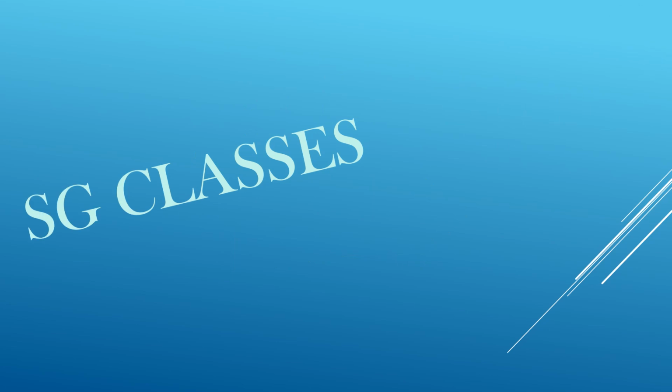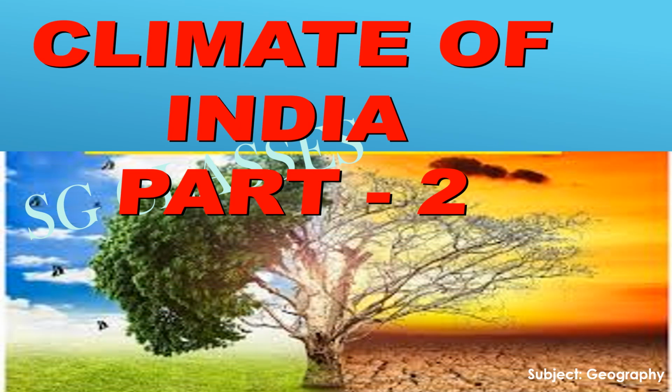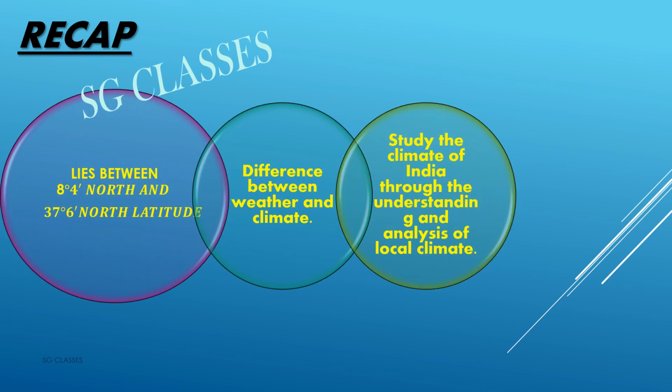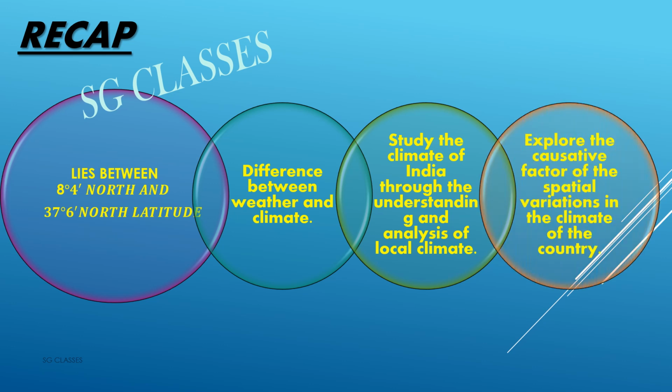Everyone, this is part 2 of Climate of India. In part 1, we discussed the location of India, the difference between weather and climate, factors affecting the climate, and other things like variation in the climate of the country.